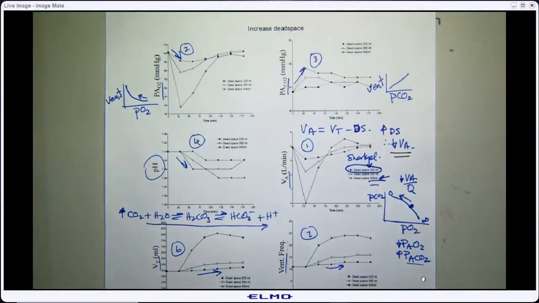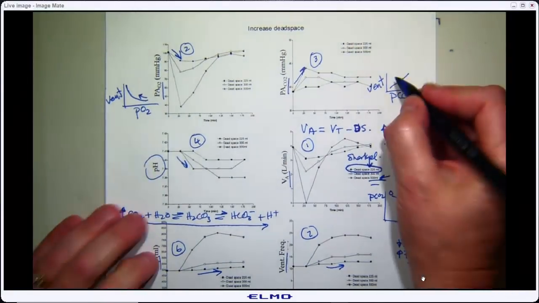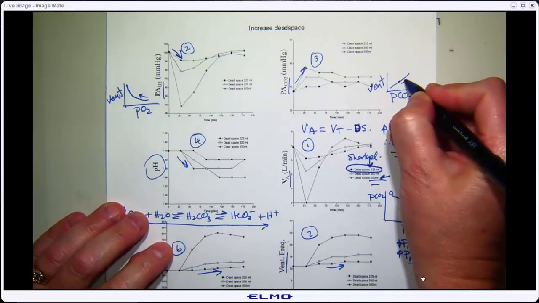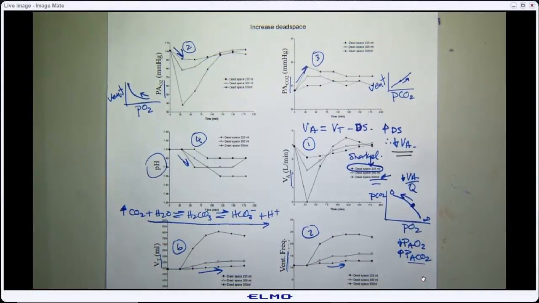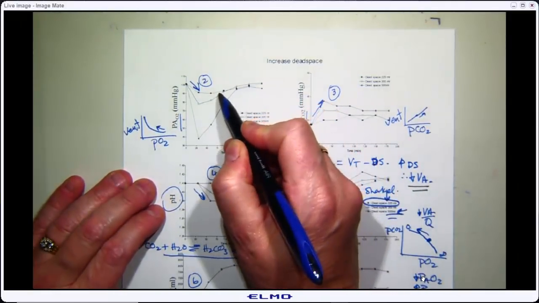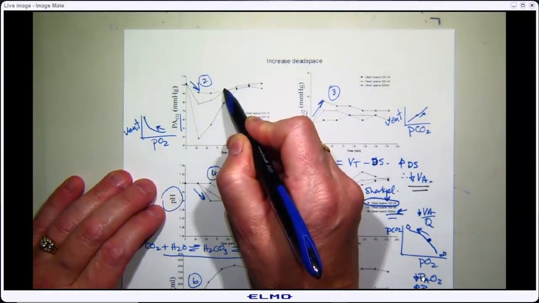Because the relationship looks like this, right? We live here, and we increase CO2, and we increase ventilation. Okay? So both sensors are bringing information into the coordinating center, into A, and causing the same thing to happen. So the body would be in complete agreement over what was about to happen: increase ventilation, increase tidal volume, and then you can actually see that we start to fix the problem.